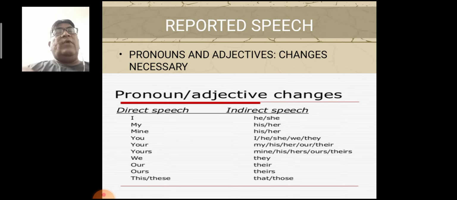Now let's see what are the necessary changes to be done in the pronouns. In direct speech, the pronouns are used directly, but when we change from direct to indirect sentence, we have to change the pronouns and even the adjectives also.